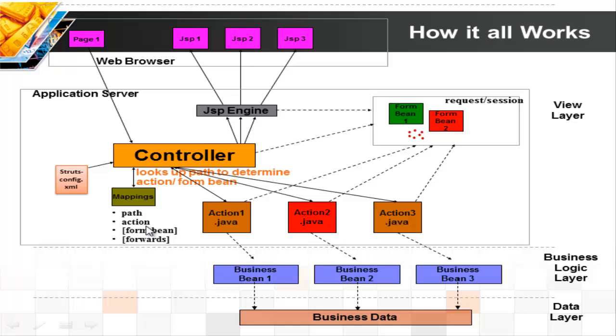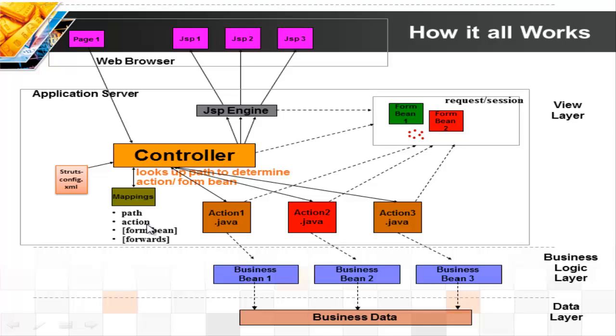It has the list of possible requests from the user. So it checks the path to find out which is the form and which is the action that can handle this particular request. Once it gets the appropriate mapping, it then decides whether for this particular action there is any input request. You may have an input request or you may not have one.